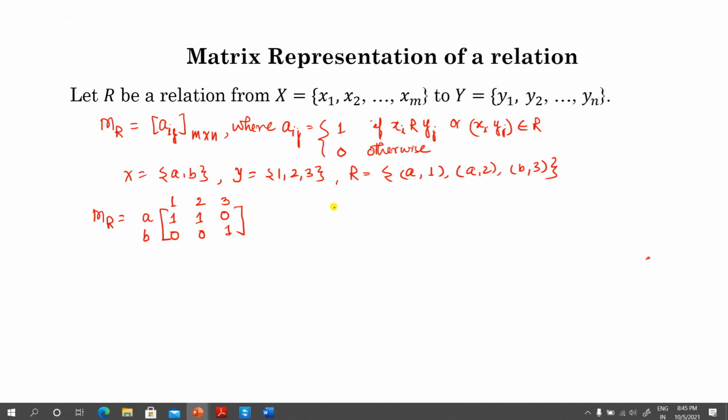Now when we define a relation R on X, for example X equal to x1 to xm, then the matrix will be a square matrix.